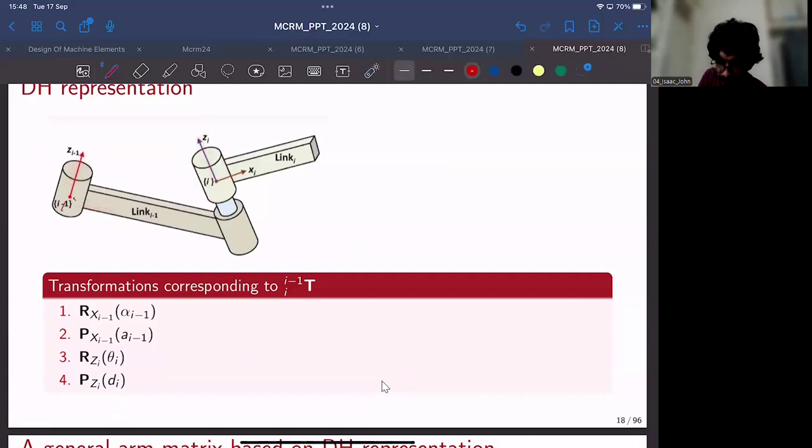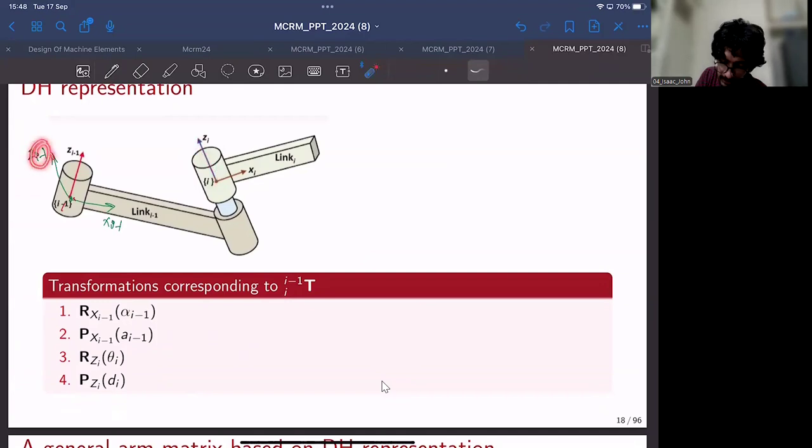So if this is Xi minus 1, and you rotate by an angle alpha i minus 1 with respect to Xi minus 1, now Zi minus 1 would become something like this. This is Zi minus 1. Right. So now the relative orientation has been taken care of.